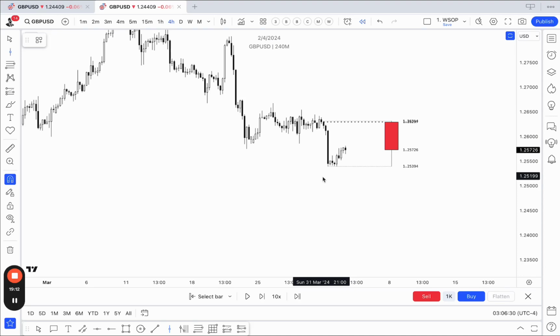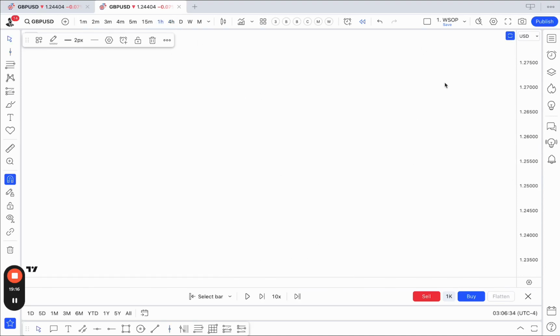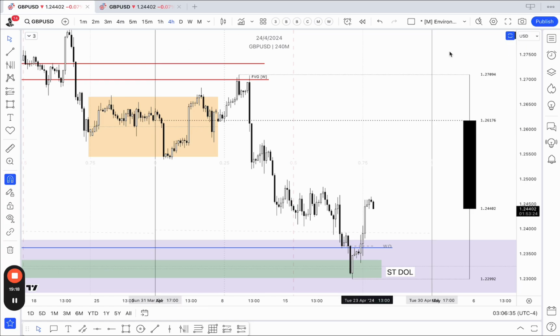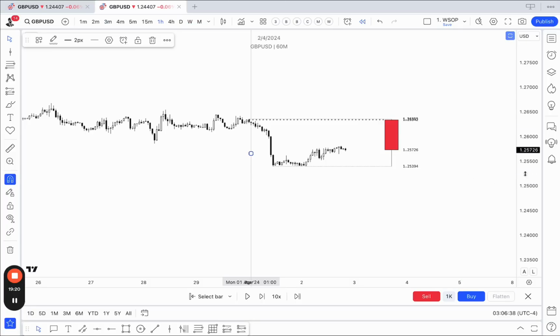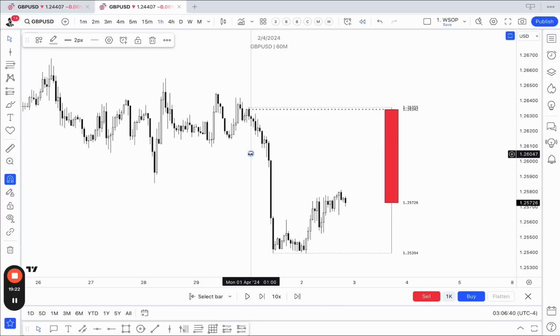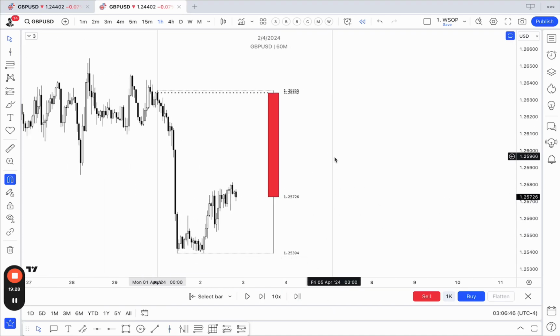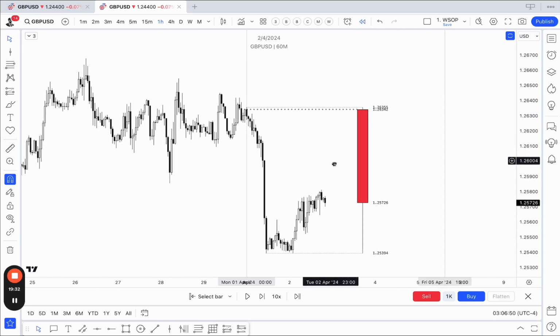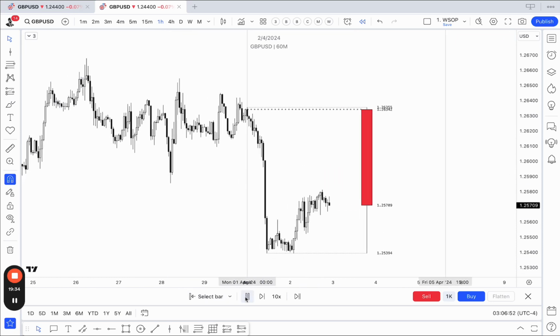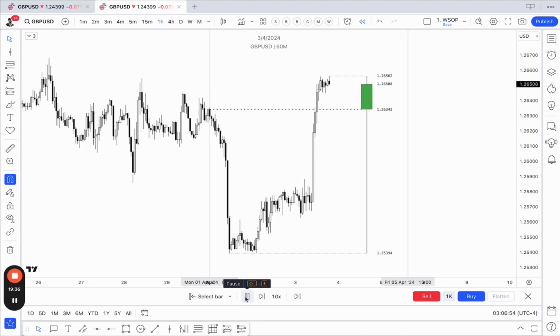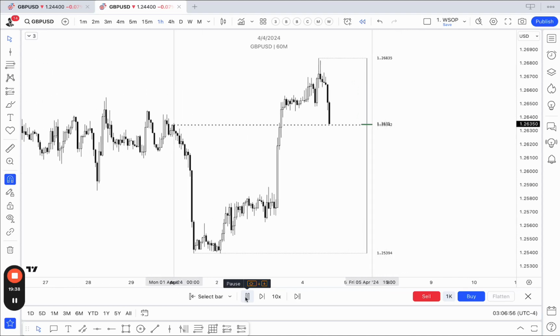I like to start at midnight for the weekly candle, where this gives context behind the weekly candle. So I like to start at midnight and then end at Friday 15, 3 p.m. We can see how this week was not really much of a large range week.